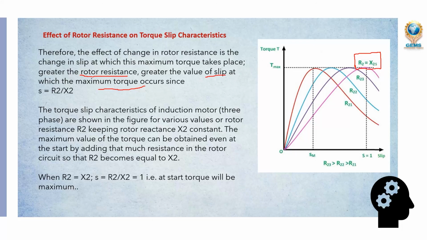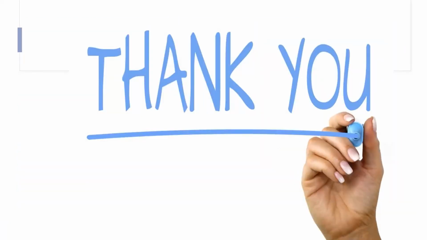This is what I told you: when the reactance X2 is equal to the rotor resistance R2, the slip S equal to R2 by X2 becomes 1, so the starting torque will be maximum. So these are the things in the torque slip characteristics and the effect of rotor resistance.